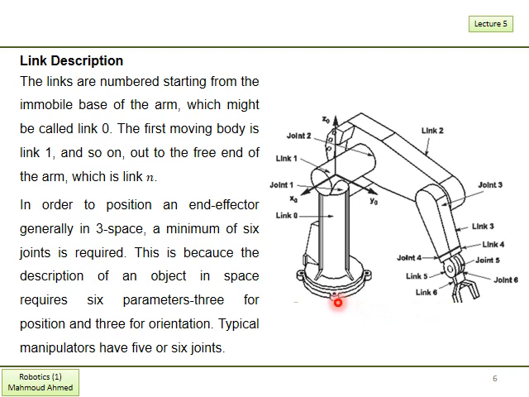So the first link is link 0, which is fixed. Then comes joint 1. This joint is the common joint between link 0 and link 1.